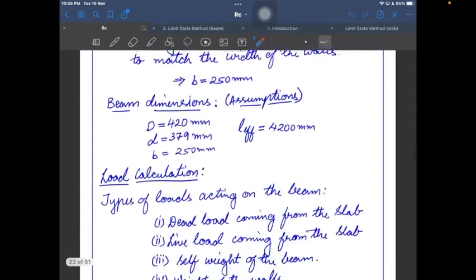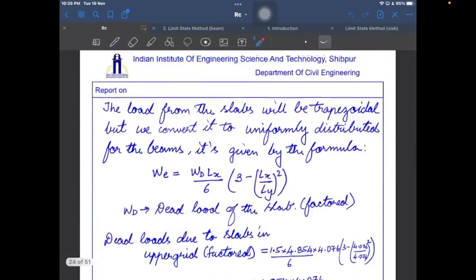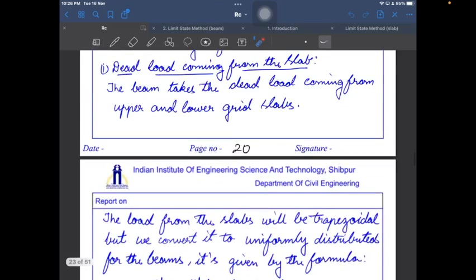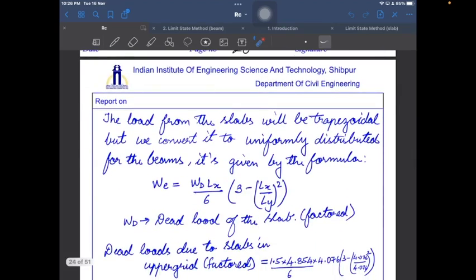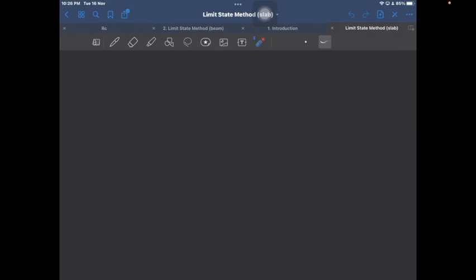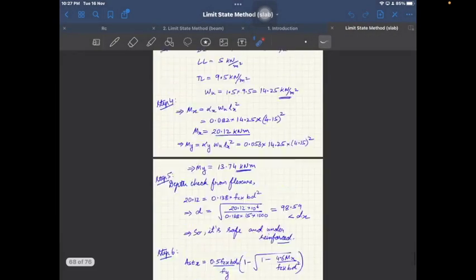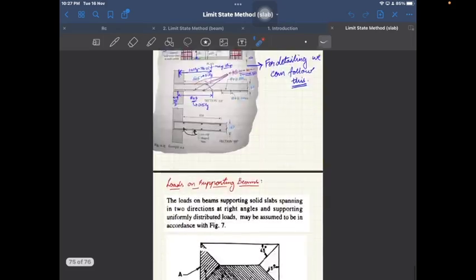So dead load coming from upper grid and lower grid of the slabs will be acting on the beam, and the load from the slabs will be trapezoidal, and we convert it to uniformly distributed load for beams, and it is given by this formula. I'll show you what really happens. This is my slab notes.